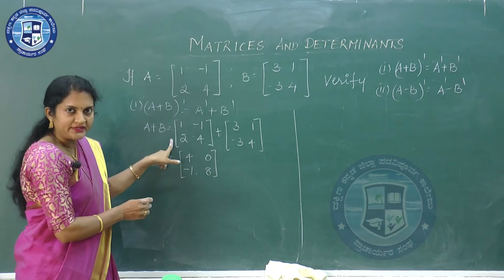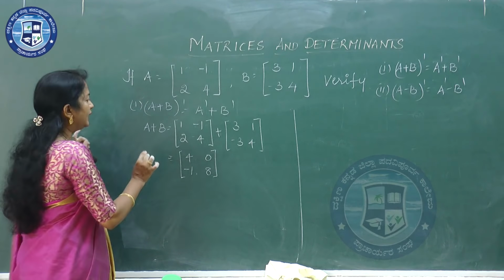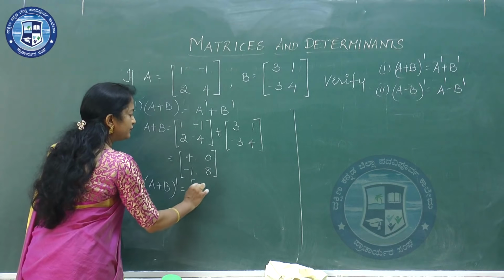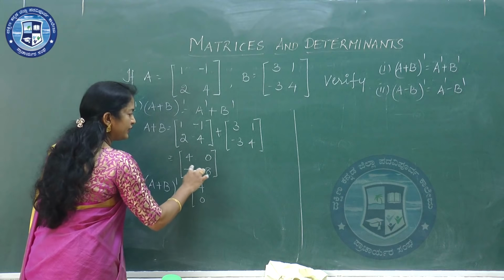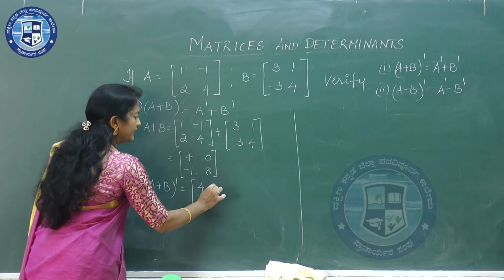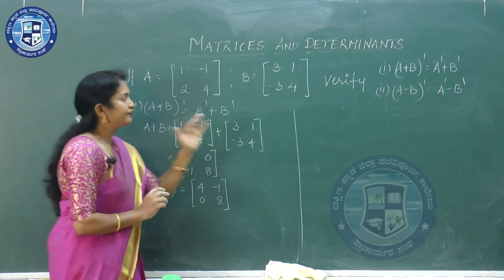This is A plus B. Now (A plus B) whole transpose: we transpose this matrix, this row will become the first column, this row will become the second column. This is your (A plus B) whole transpose.